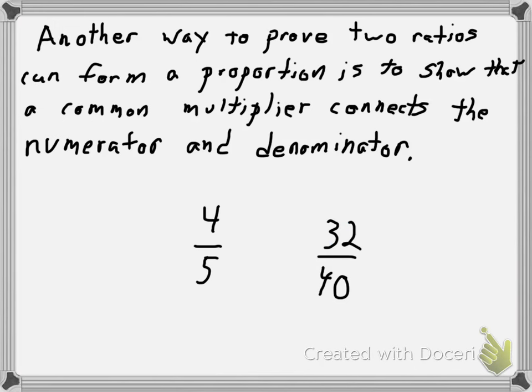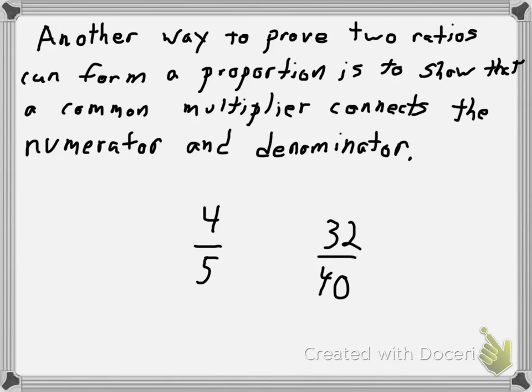Okay, there's another way to prove if ratios can form a proportion, and that's to show that you have a common multiplier that connects the numerator and the denominator. This is like writing equivalent fractions. Is there a number I can multiply or divide both the numerator and the denominator by to go from one ratio to the next? If I'm starting with 4 over 5, is there anything I can multiply both 4 and 5 by to get our next ratio?